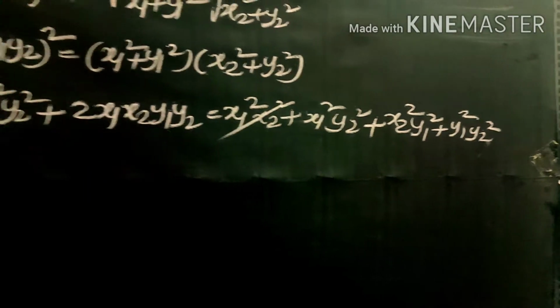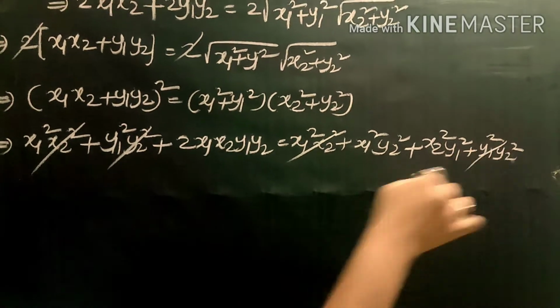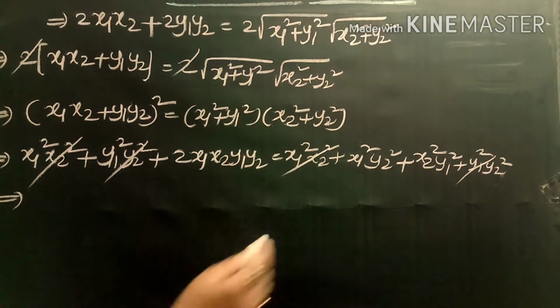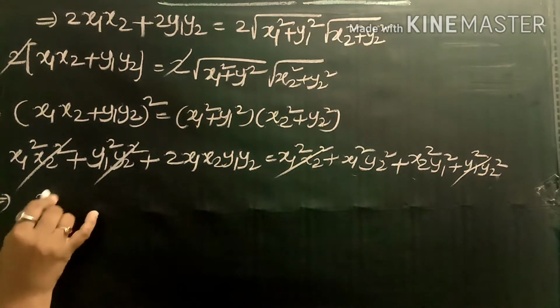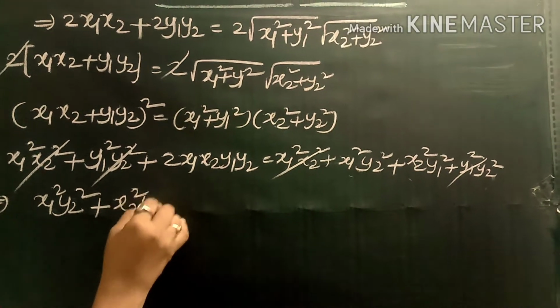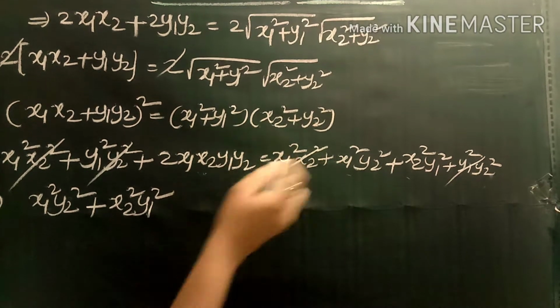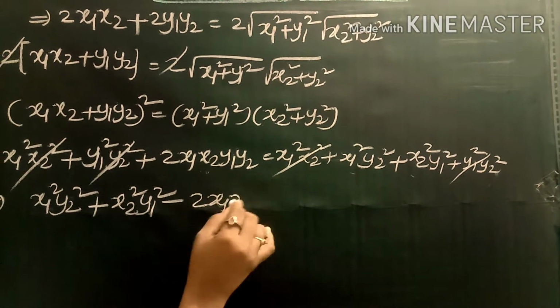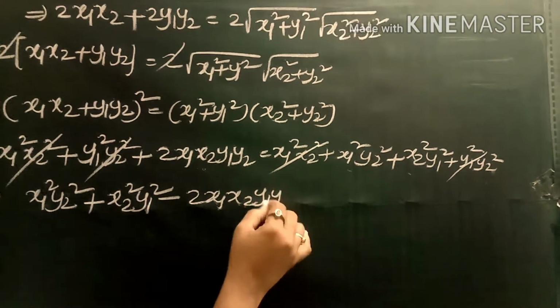Now x1 square x2 square and y1 square y2 square get cancelled. Taking the remaining terms, x1 square y2 square plus x2 square y1 square, and moving the other term to this side, that becomes minus 2x1x2y1y2 equals 0.